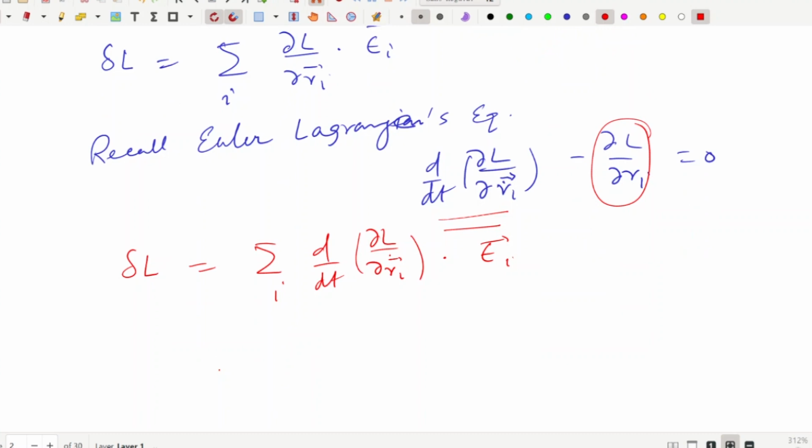But by our definition of conjugate momenta, del L del Ri dot is by definition the momentum conjugate to Ri. So, let us denote it with Pi. So, this expression is then sum over i of d/dt of Pi dotted with epsilon.